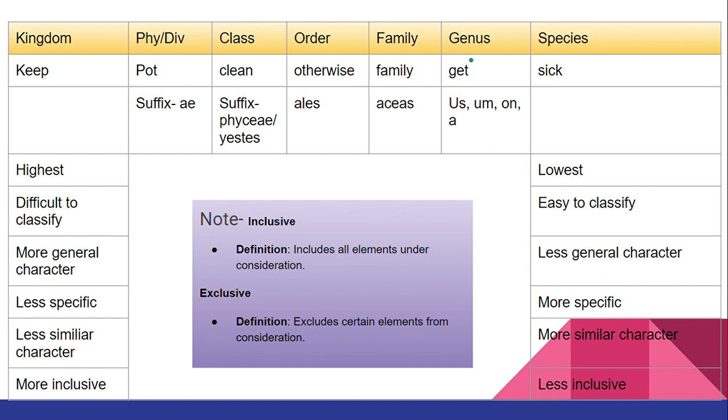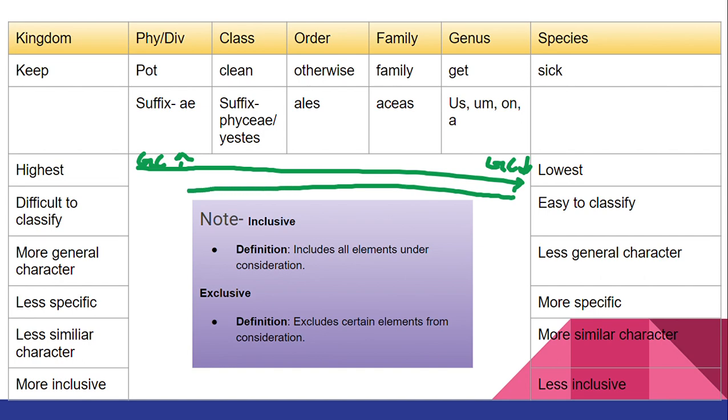Now class, in NEET they ask: from kingdom to species, does general character increase or decrease? See, here general character is more and here general character is less. So from kingdom to species, general character decreases. But from species to kingdom, general character increases, right?